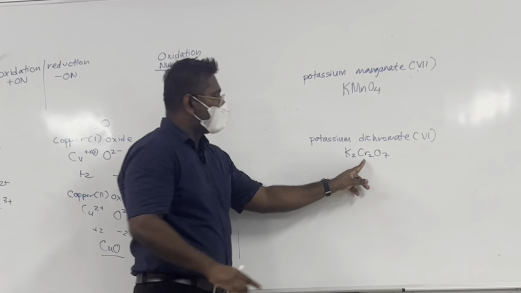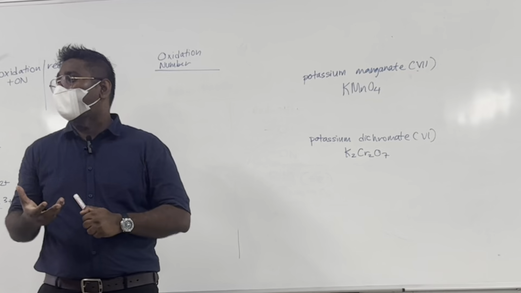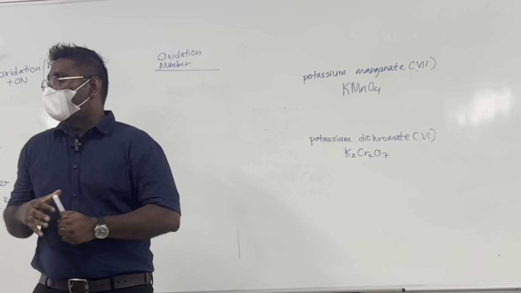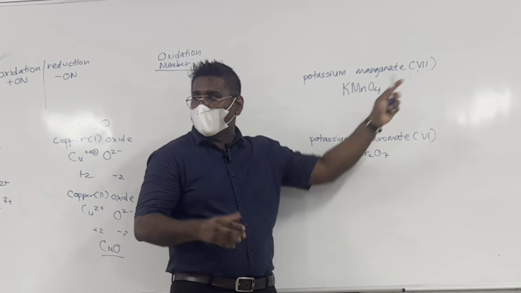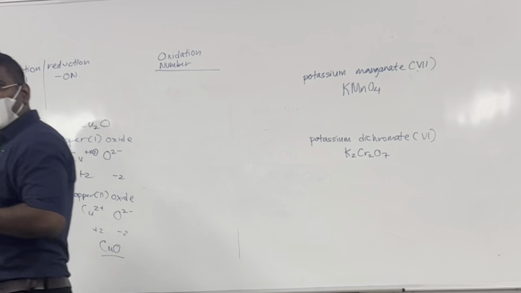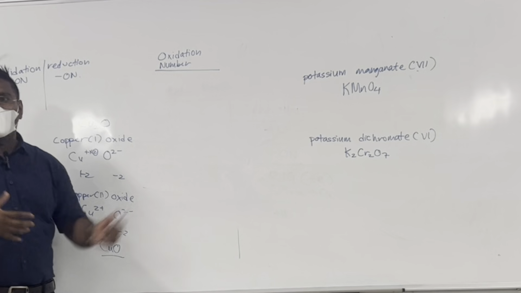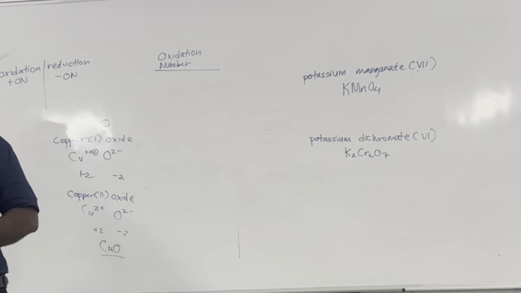So it shows you for chromium, Cr, the oxidation number is 6. And I can prove to you, I can also calculate for you how we get this number in a while. But in order to calculate, you need to understand a little bit about oxidation numbers and certain rules. What are the rules that we will use?